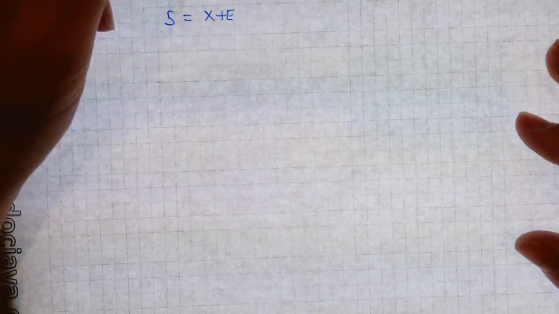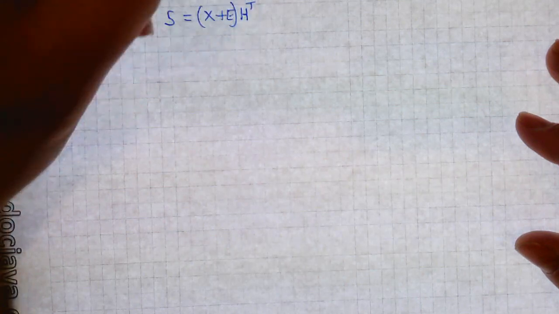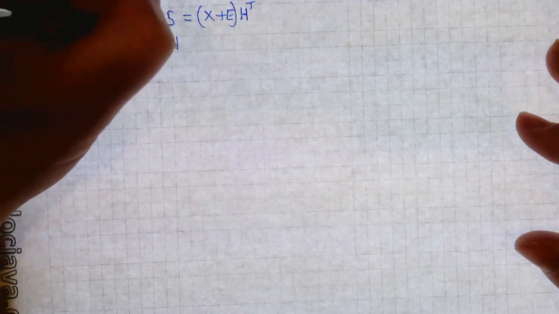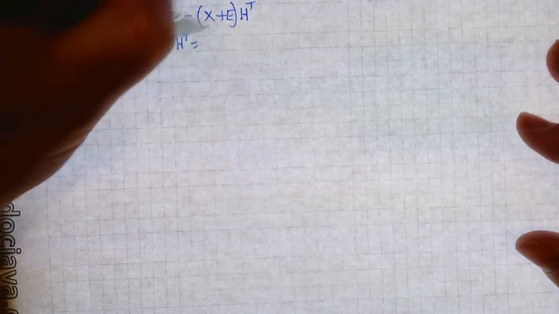We take the X vector, do a mod addition with some error which perturbs one of the bits, multiply it by H transpose, and if you recall, H transpose is equal to a P matrix composited with a K by K identity matrix.